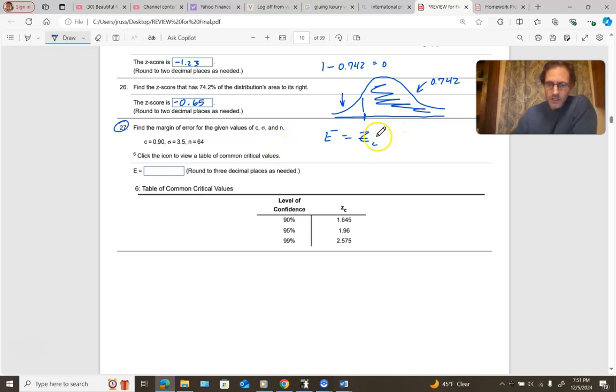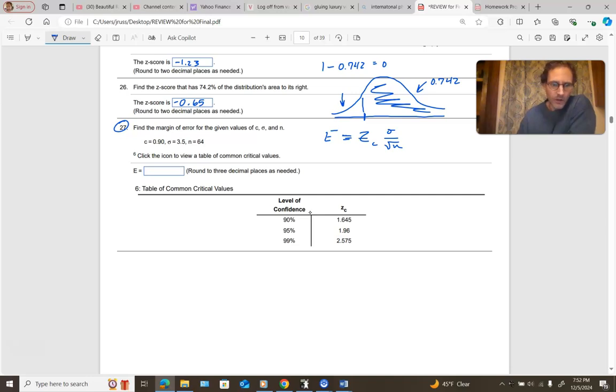So Z sub C, this is our critical value, and we're going to obtain this using the inverse normal function in your calculator, but we've got this chart right here, and then it's sigma over the square root of n. Basically, you just plug these into the formula.